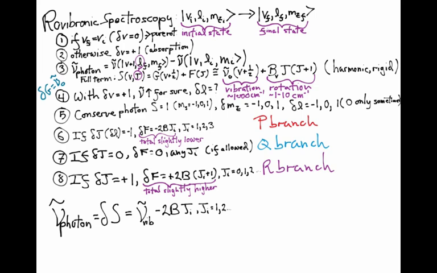It's also equal to just the nu of the vibration for the second case, and it's equal to the nu of the vibration plus 2b(J plus 1) for J initial equals 0, 1, 2, 3, etc.